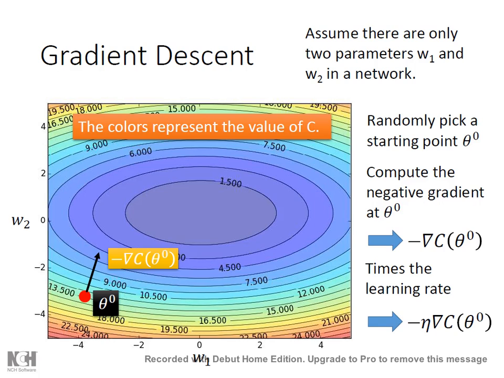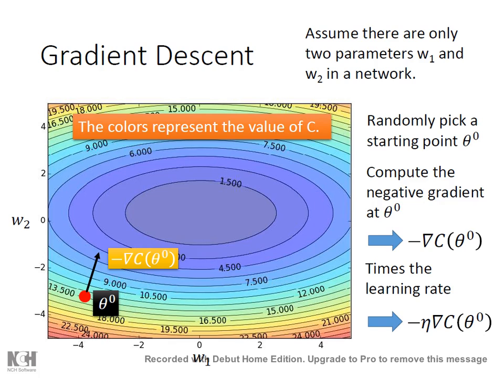If you want to get the next parameter, then you use theta 1 with the same equation. Again, this is the gradient. You don't need to compute it again because you have calculated it. This is identical for every neural network, so you don't need to calculate it again.